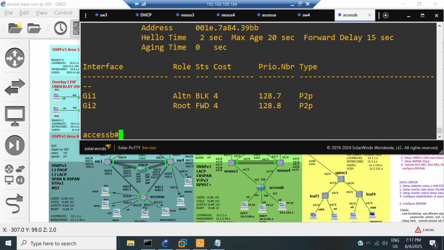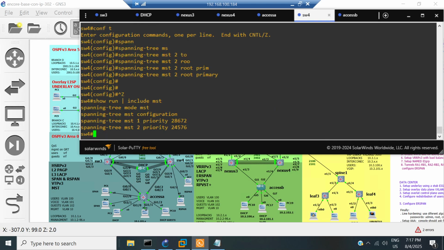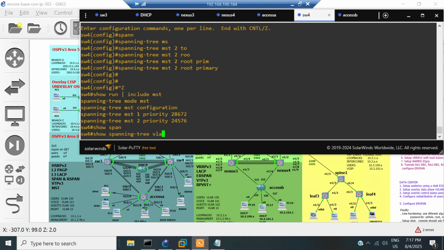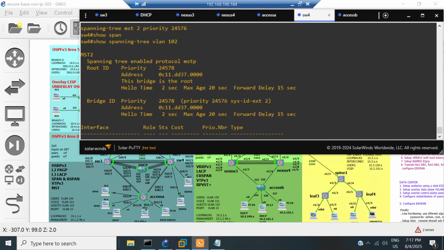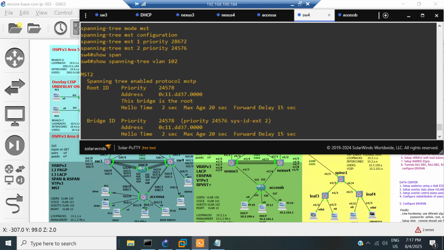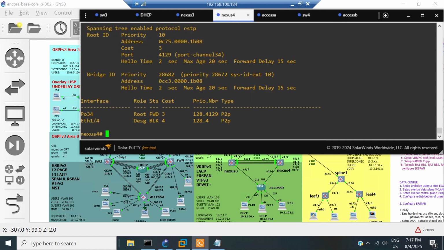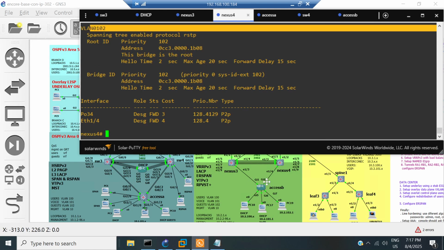This is because switch 4 is the root switch for VLAN 100, Nexus 4. Nexus 4 is the root for VLAN 102. So in this case, gigabit 2 is closer to the root than gigabit 1, so gigabit 1 becomes the alternate port for VLAN 102.